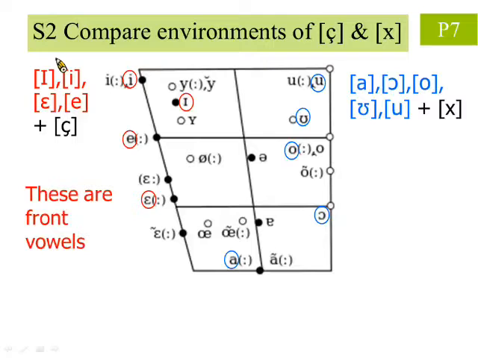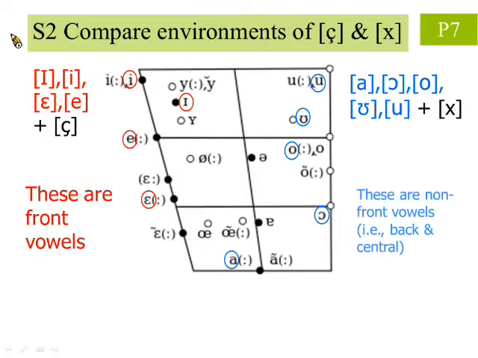The sound h can be preceded by 5 different vowels. We have again circled the location of the tongue responsible for producing these vowels, but this time in blue. We can see that these are non-front vowels. In other words, it is the center or the back of the tongue that is producing these sounds.